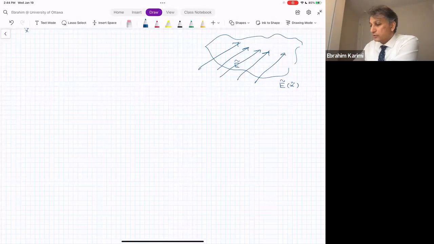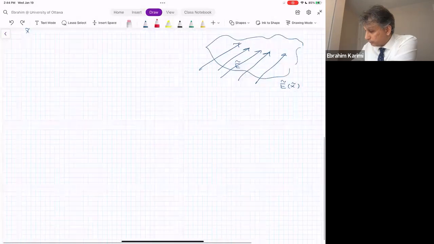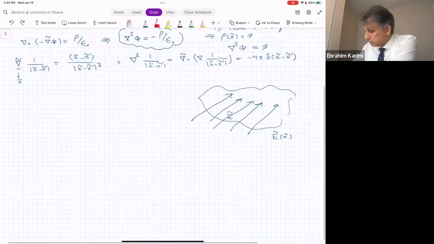And we want to understand what's going on with the force on a particle here, which has a charge of Q.